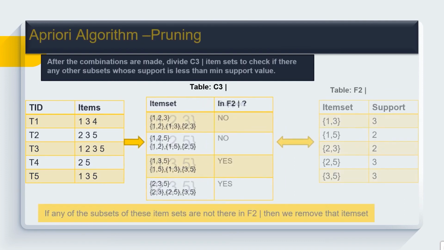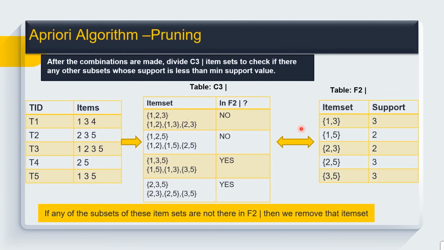Now, what's pruning? After all the combinations are made, we divide the table C3 items to check if there is another subset whose support is less than the minimum support value. This is the Apriori algorithm.